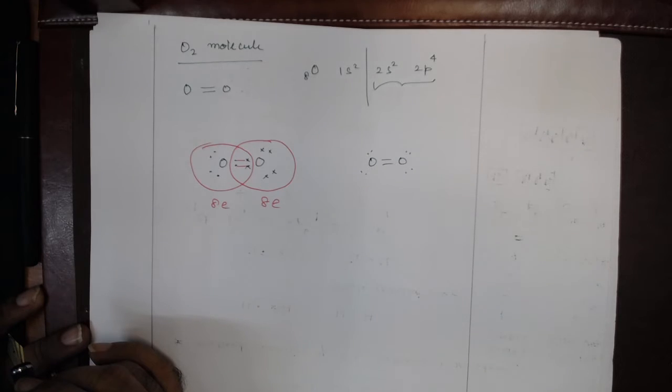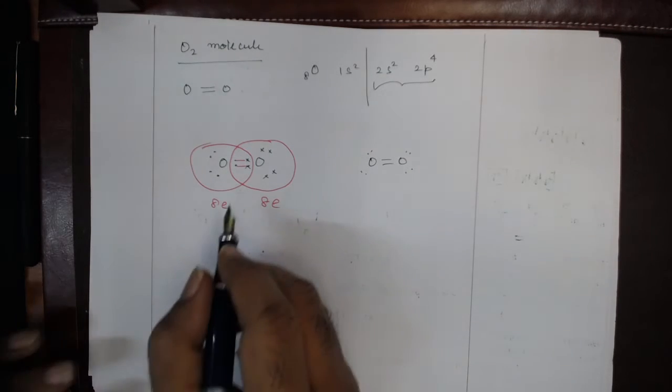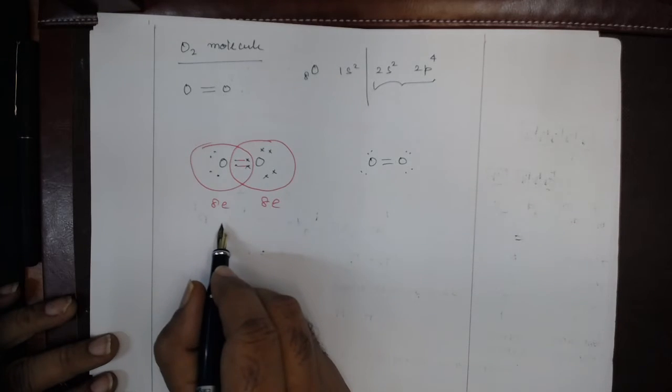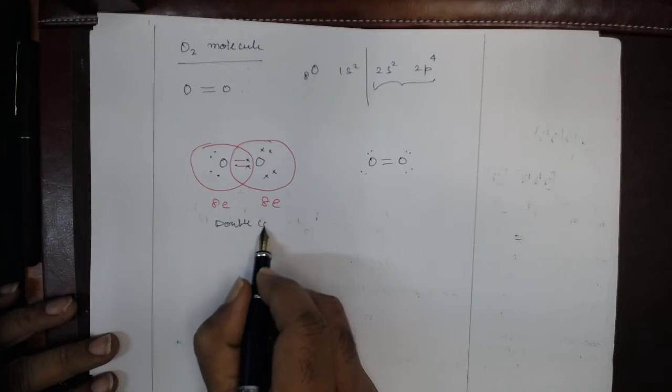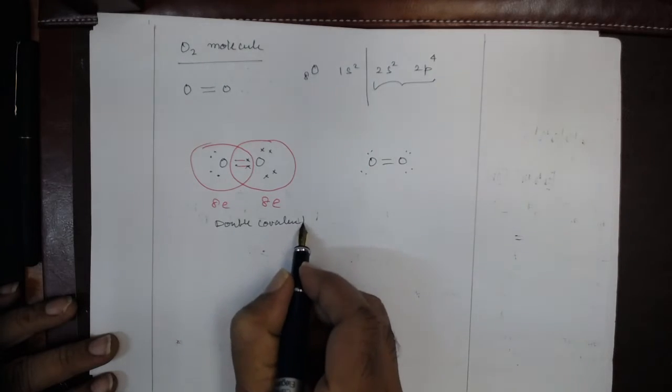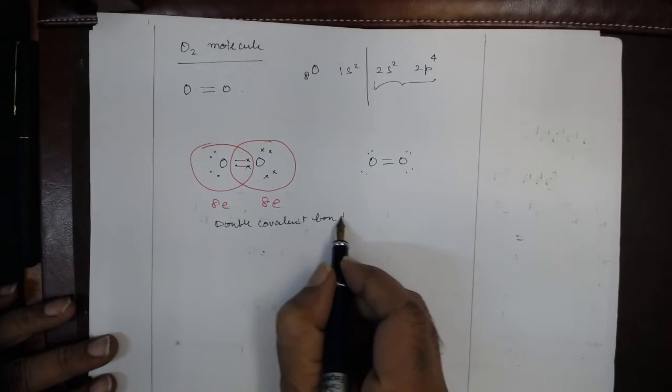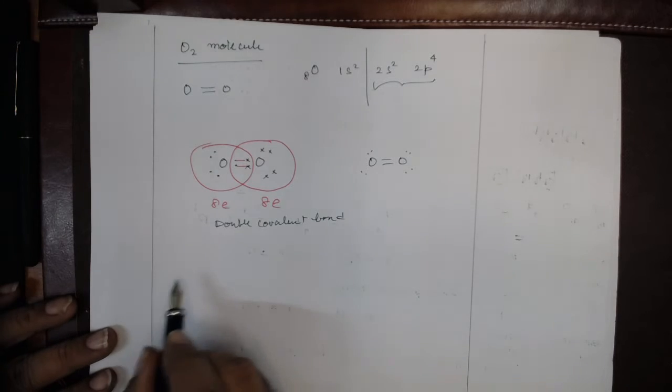Let us draw this. This is called a double covalent bond. Let us consider any alkene.